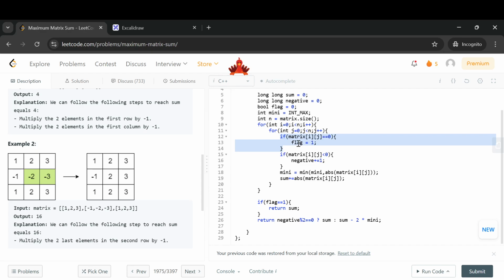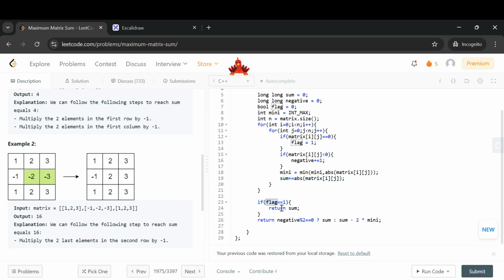if I find 0 present in that matrix, then I set the flag to true. Then if I find a negative element, then I increase the negative count by 1. And when I do the iteration, I would want to set the minimum absolute value as well, so I do it here and calculate the summation of absolute values present in the matrix.